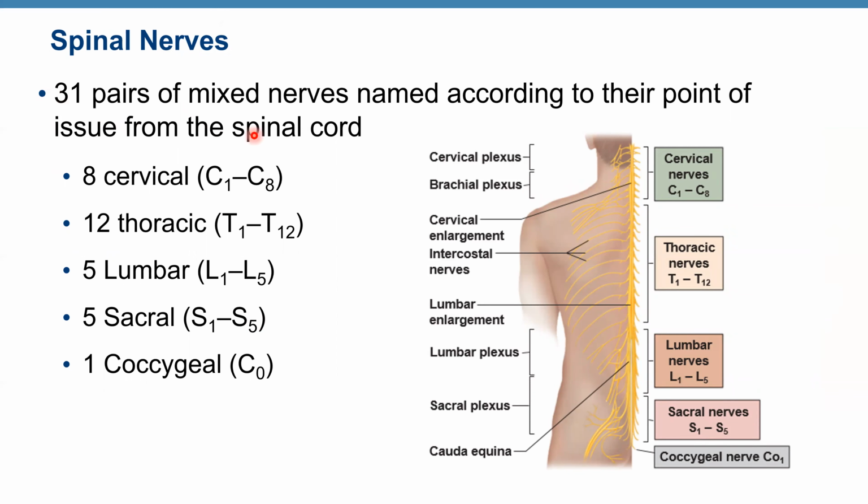There are 31 pairs of mixed spinal nerves, and they are named according to the point of issue from the spinal cord.